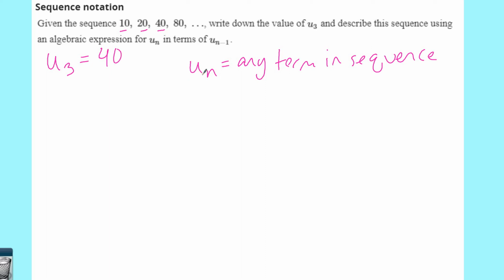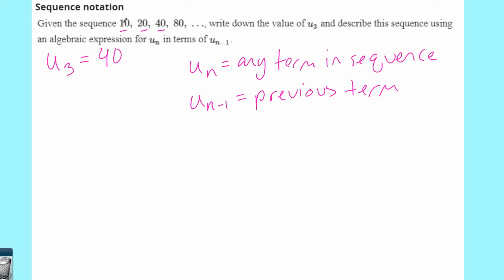So we want to find, how do I get it in terms of N minus 1? So U sub N minus 1 is the previous term. Because if I was looking for the 5th term, then U of 5 minus 1 would be U4. U4 comes before U5, so it's the term before it. So, how can we get the term in the sequence?